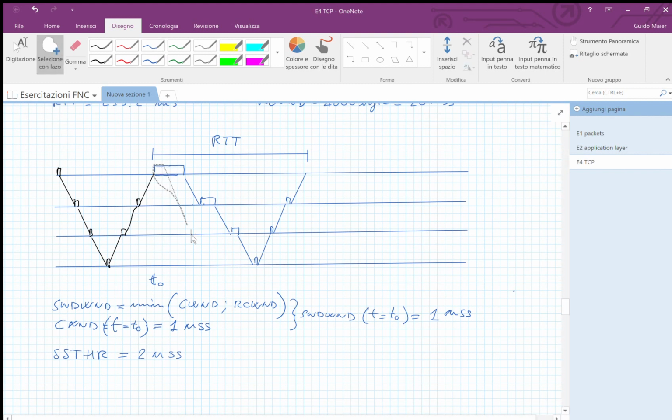So what happens in the next phase? Let me see if I can copy this. Okay. What happens in the next phase? That we will transmit 2 packets instead of 1. Okay.